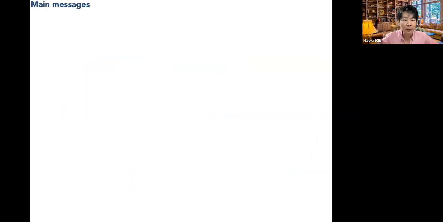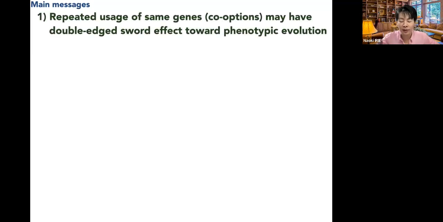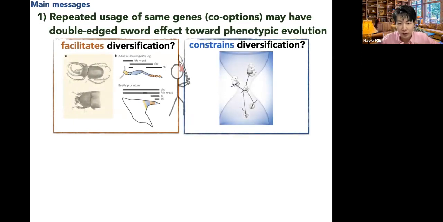I'd like to summarize my talk first. The first point is that repeated usage of the same genes or genomic modules may have a double-edged sword effect on phenotypic evolution.